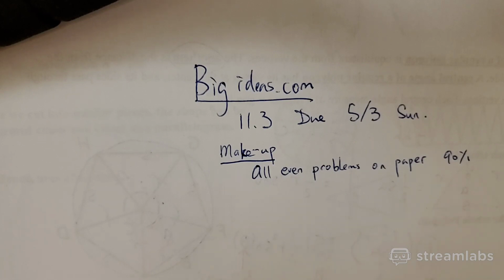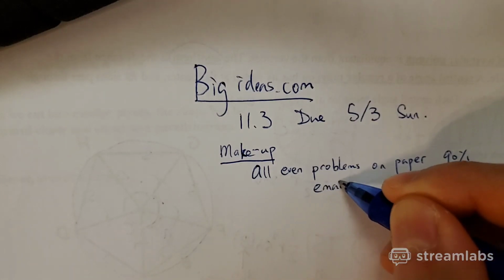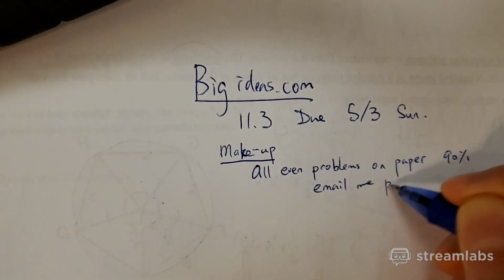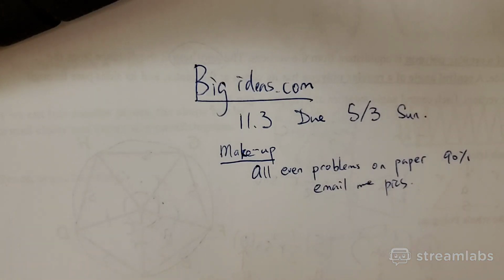Say that again: if you want to make up your grade because you didn't do it, then you need to do all the even problems on each section on paper, for 90%, and email me the picture. This is way more work, like 2 to 3 times the amount of problems I usually assign. It depends on the section, obviously. This section is probably a little more. The previous sections, like 11.1, 11.2, make sure you have that.